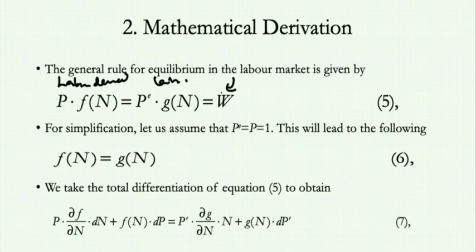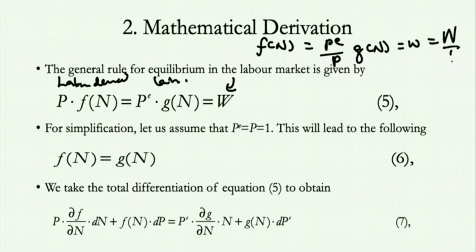We have Fn PE over P times Gn equals to W over P. So this is aggregate labour demand, aggregate labour supply, and then real wage.